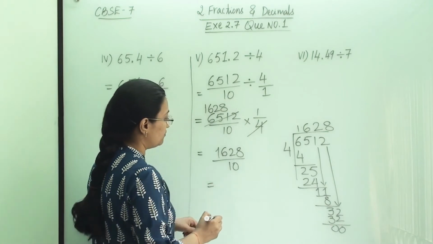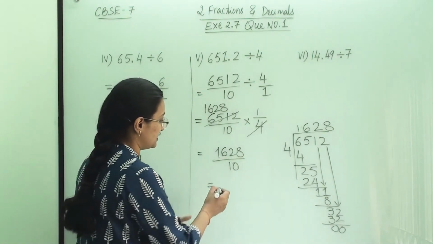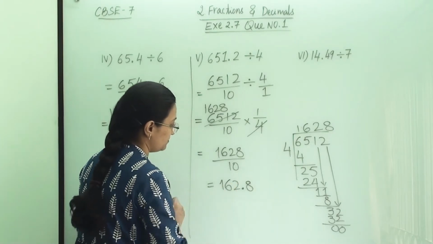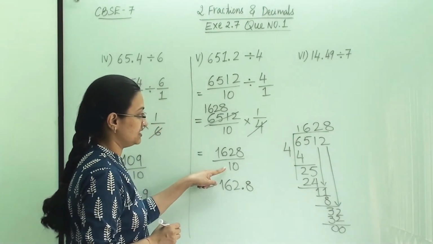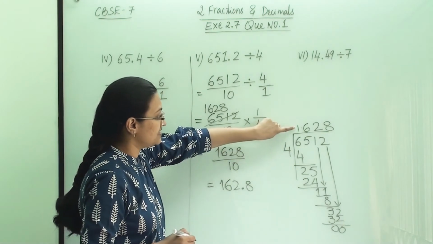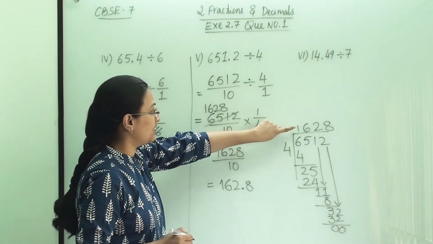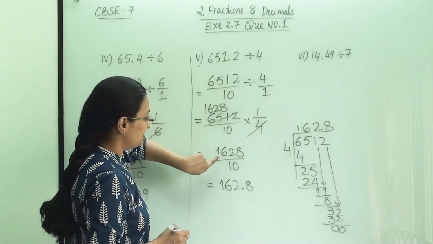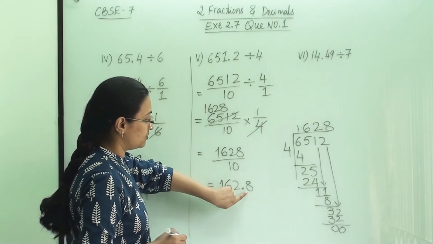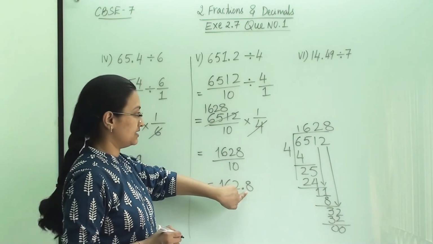Now we have to cut 1 point from the right side. So answer is going to be 162.8, because in denominator 10 is there. So this is a division, what we got the answer as 1628, and then in denominator of that 10 was there, so we have cut 1 point from the right side.